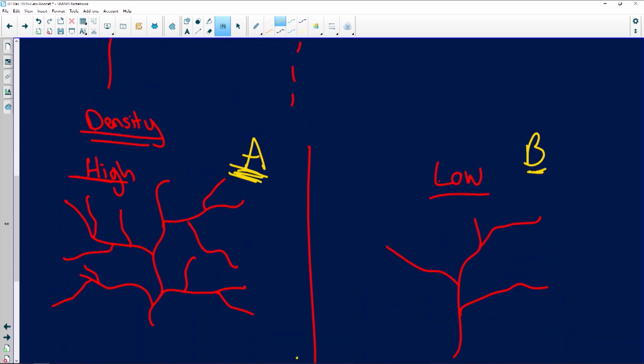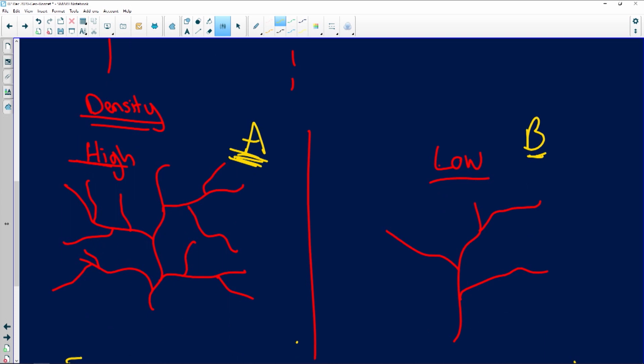So, pay attention and make notes, because I'm going to give you the formulas for stream order. The first stream order plus a first stream order makes a second stream order. A first and a second stays a second. A second stream order plus a second stream order makes a third stream order.